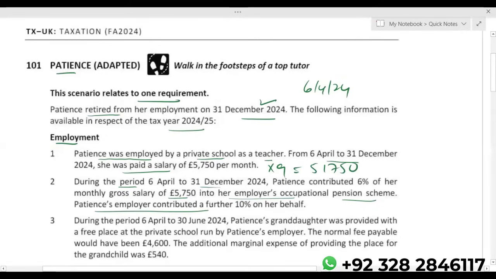Patience's employer also contributed. Can I say the employer's contribution is an exempt benefit? Yes, the employer's contribution in an occupational pension scheme is an exempt benefit.